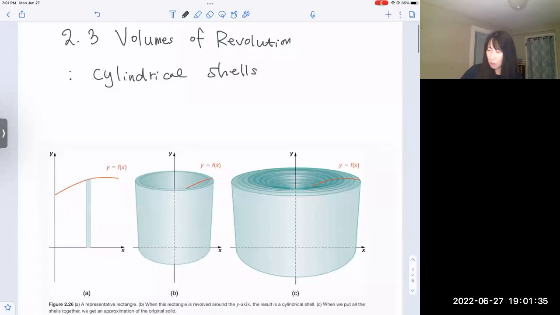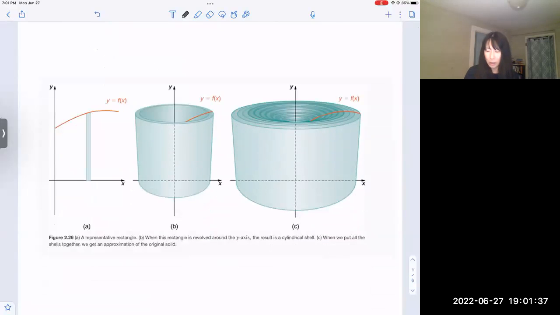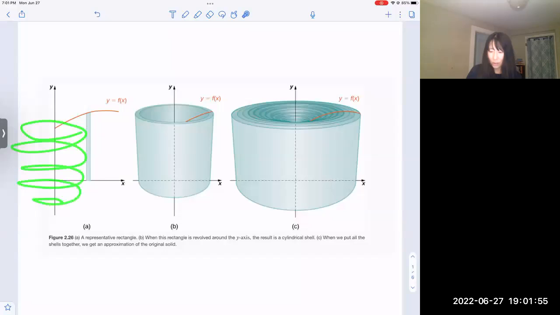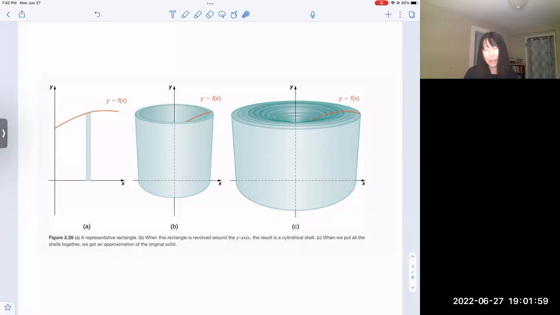All right, so I wanted to start. We have a rectangle under the curve, right? So this is a function. Then look, we have it rotating around the y-axis. Can you see that? Y-axis? Then they generate the cylinder like this, not like this, okay?